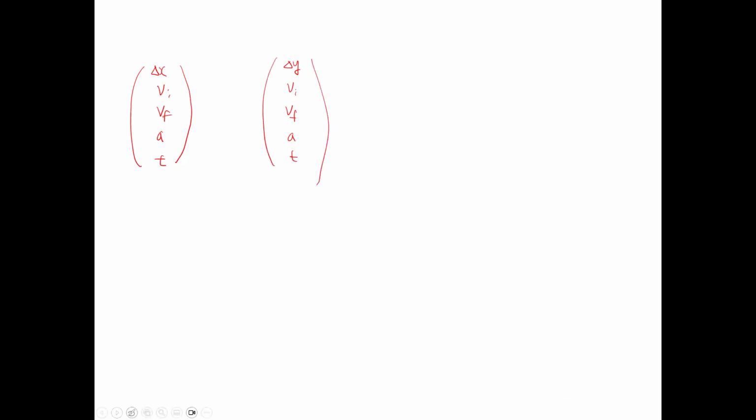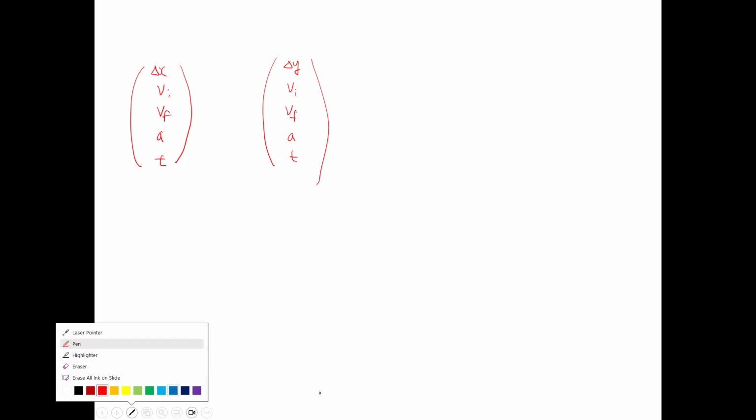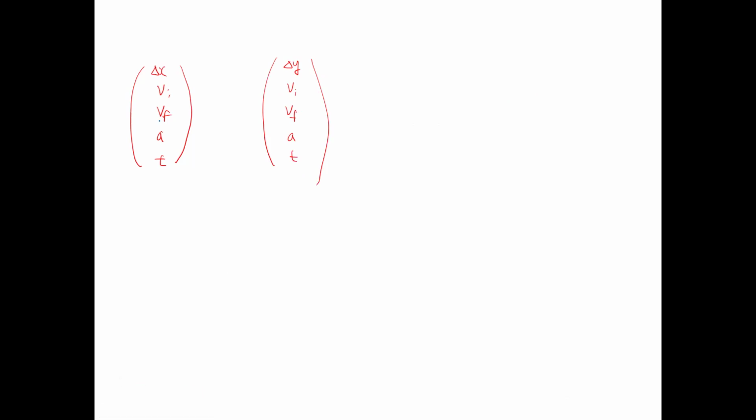But if I go into more detail with this case, I'm going to specify. So in other words, this is what? This is x. This is a horizontal acceleration. This is a horizontal initial velocity. This is a horizontal final velocity. But time is the same, of course.